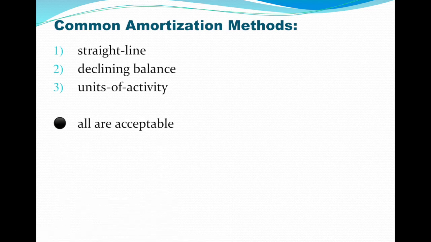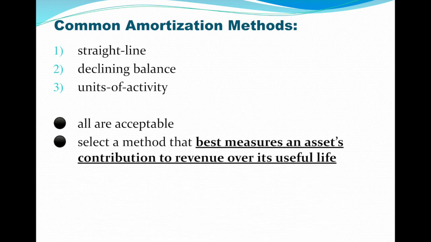So all three of these methods are acceptable from an accounting standard point of view. The trick is knowing which one to choose in order to give you the most accurate information and matching of costs. So select a method that best measures an asset's contribution to revenue over its useful life, and this will depend on the type of asset that you're amortizing.